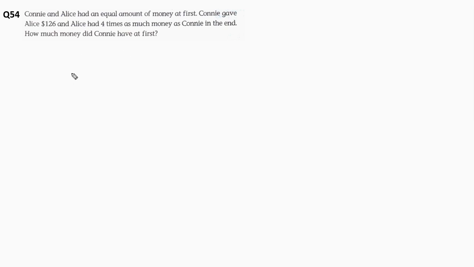So we've got Connie and we've got Alice. And I think it might help to draw the end situation first so we can think about what has moved around. So at the end, what are we told? At the end, Alice had 4 times as much money as Connie.